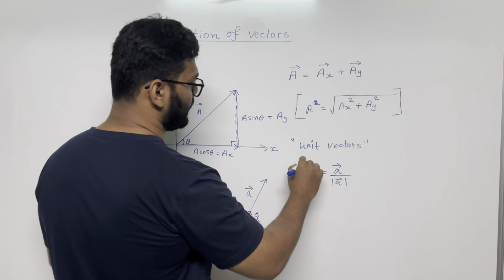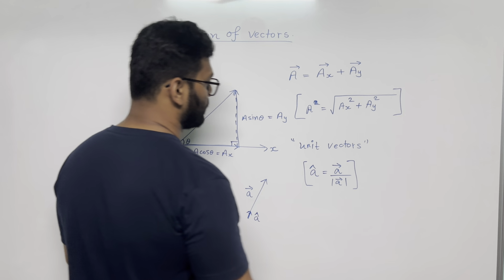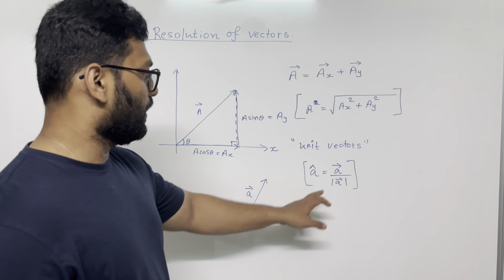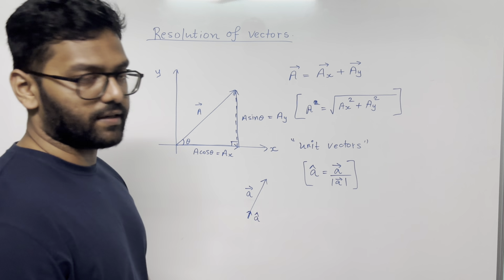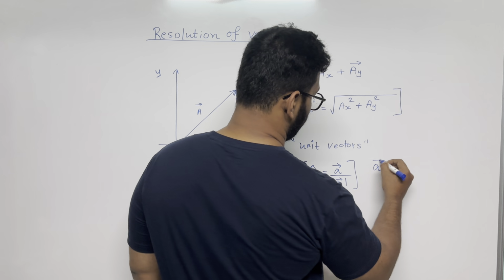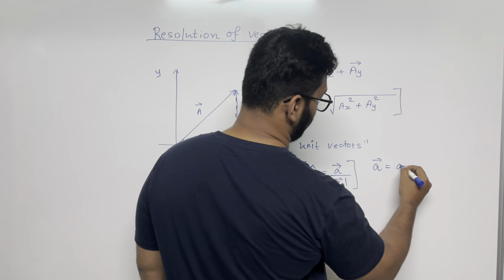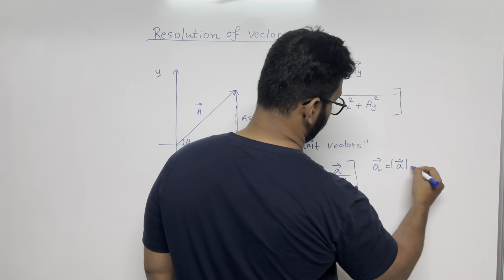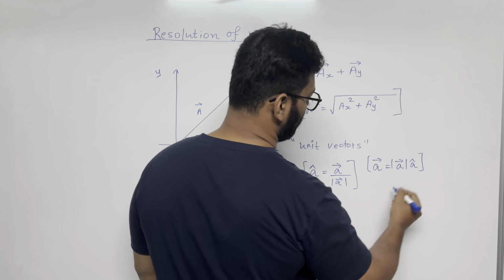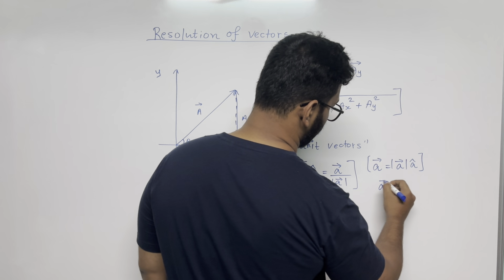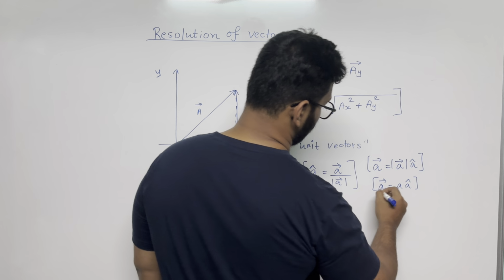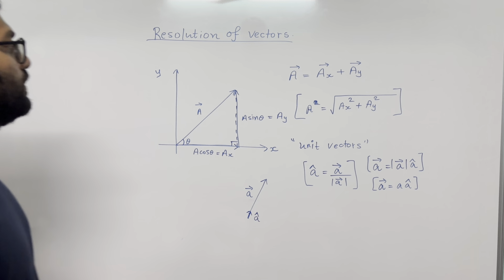If you see, the magnitude of this will become 1 and it will have the same direction as the original vector. Now from here you can see a bar can be written as a bar mod times a cap. Or if you write a bar mod as a, then a bar is equal to a into a cap. Okay, this is how you write this.